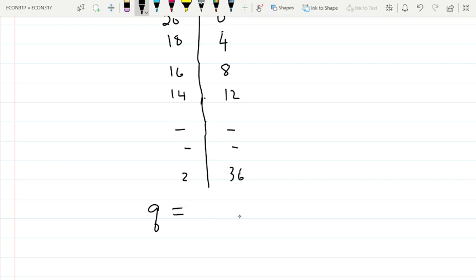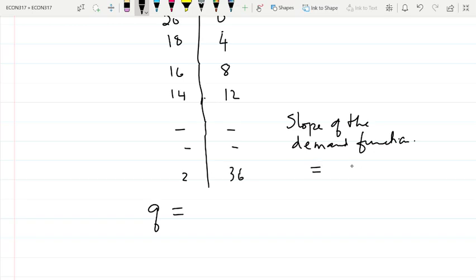Which means now we should be able to write down quantity equal to, so price is going down. No, I should write down the slope first. Slope of the demand function: price is going down by 2 units, quantity is going up by 4 units, so the relationship is negative.